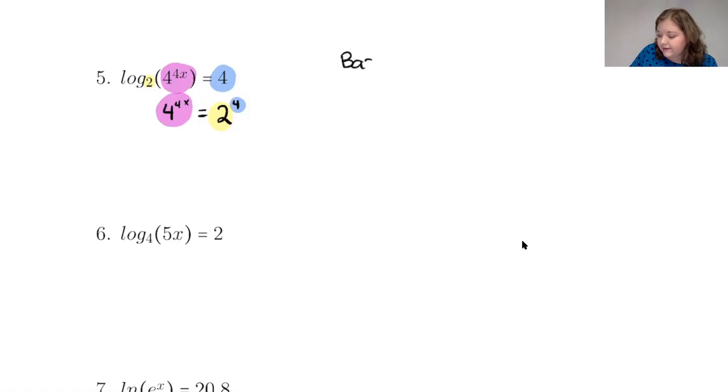So our base in this case is 2, because 4 equals 2 squared, and then this side already has a base of 2.